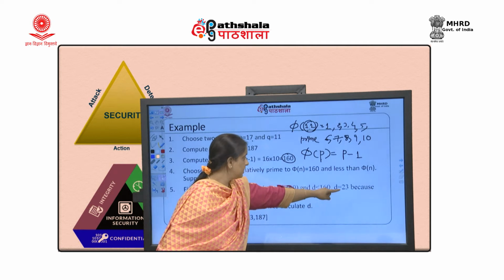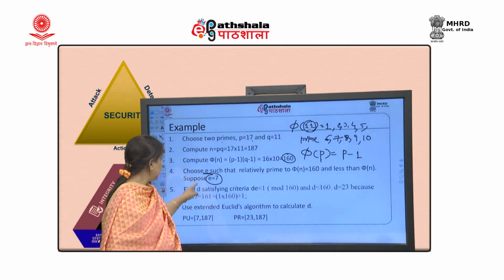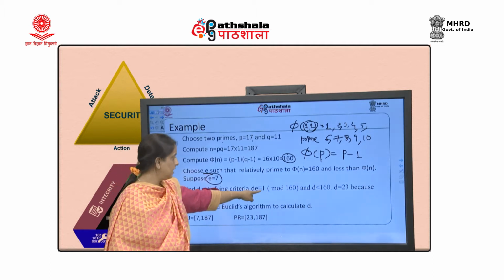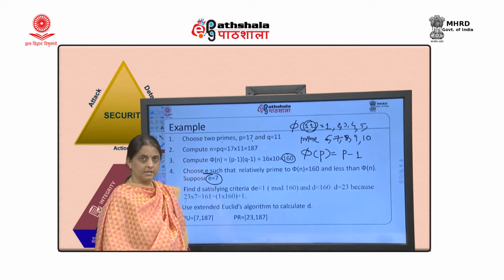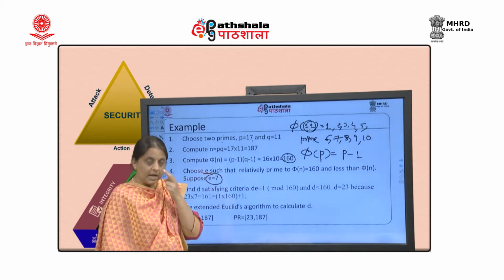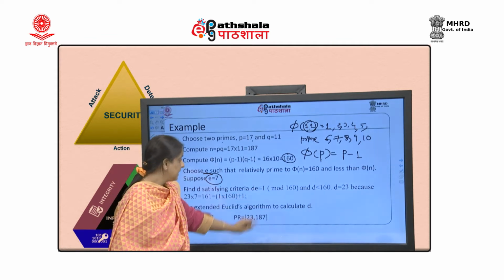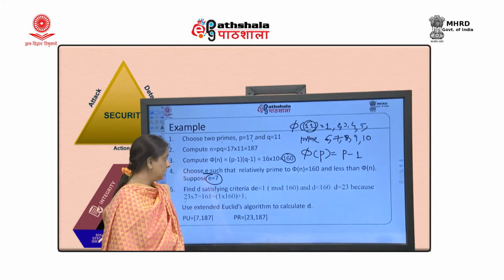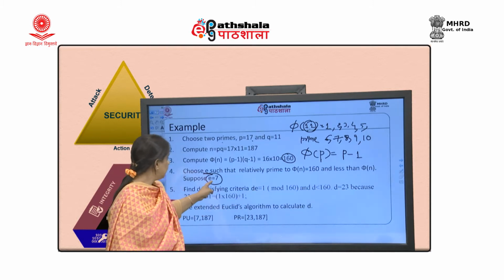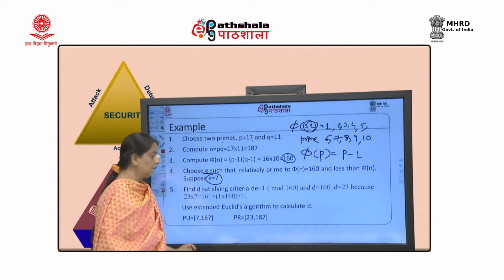So, we have chosen D to be 23 because 23 into 7 is equal to 161, that gives you the remainder 1. I have already taught you the algorithm for finding the multiplicative inverse. So, you can apply that multiplicative inverse algorithm to find the multiplicative inverse of 7, that would give you the decryption key.